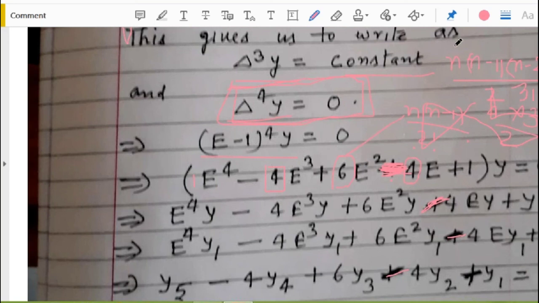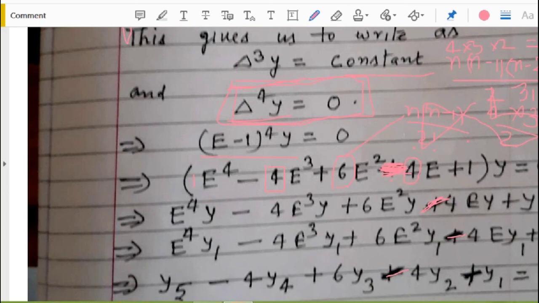Factorial 3. So this is 4, this is 3, this is 2, and you multiply. This is 24.